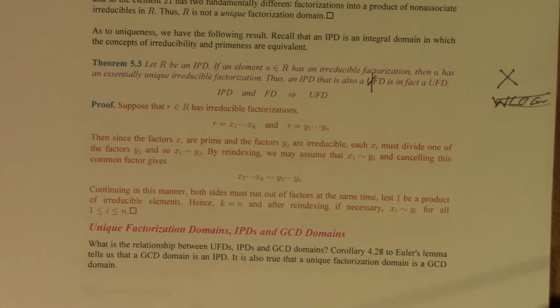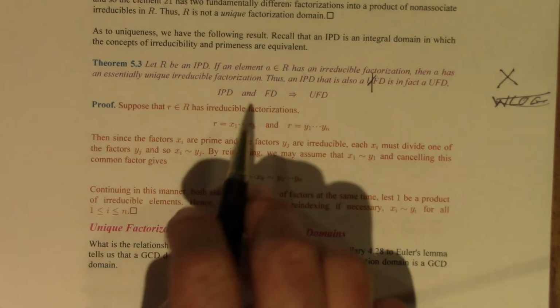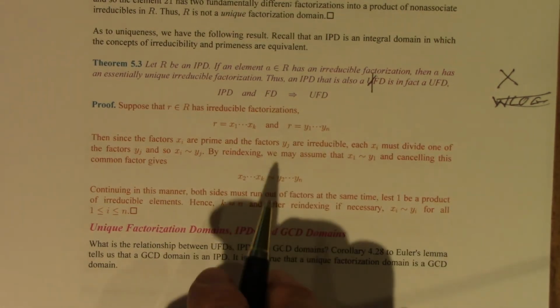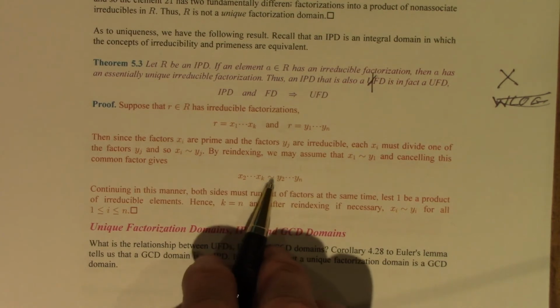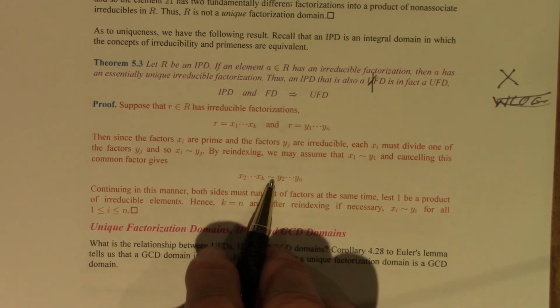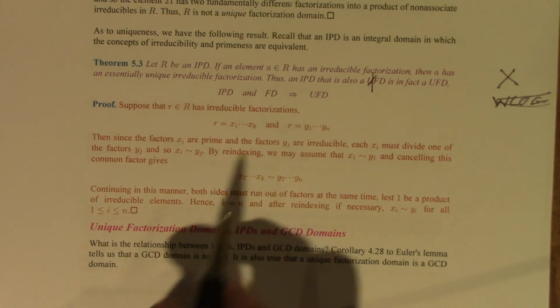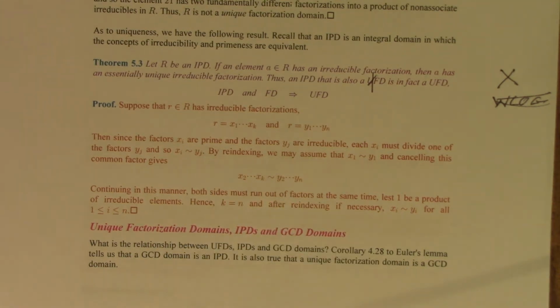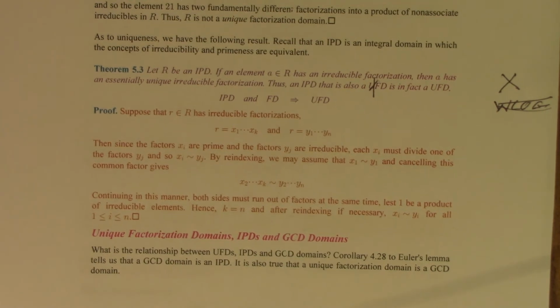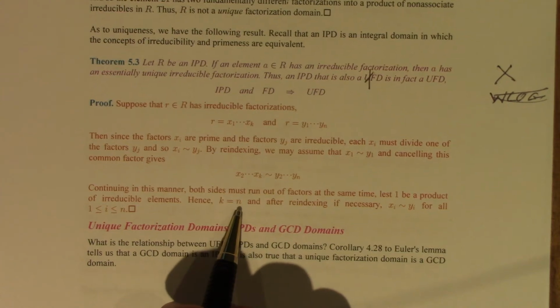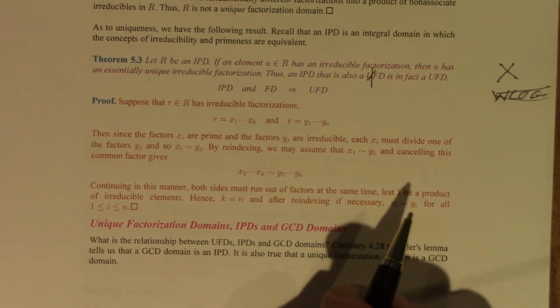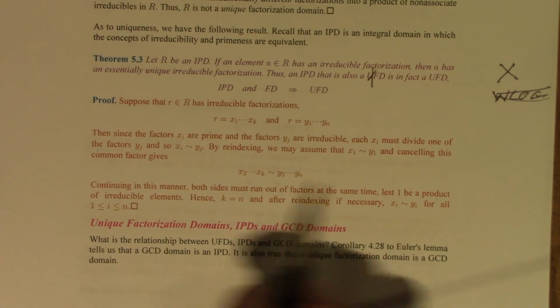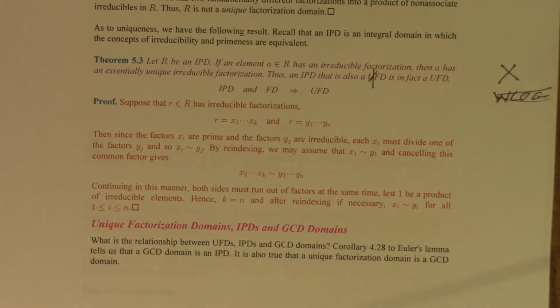By reindexing, we can assume x_1 is an associate of y_1. We can cancel and have this relationship. This is an associate relationship because a unit may have been introduced here. Continuing in this way, we've got to run out of factors on both sides at the same time, unless we get 1 as a product of irreducibles, which is not possible. So k equals n. After the reindexing, x_i is an associate of y_i for all i. We have essential uniqueness.